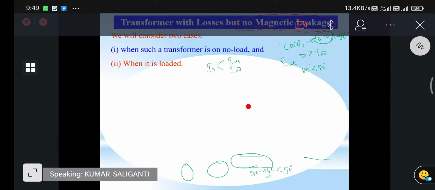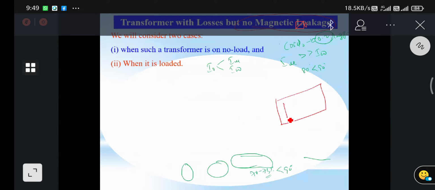First of all, transformer on no load means, suppose you take this transformer here. This primary is connected to the supply, and no load means the secondary is open circuit. That's why I2, the secondary side current, is 0. When the secondary winding is open circuited, the secondary current is 0.